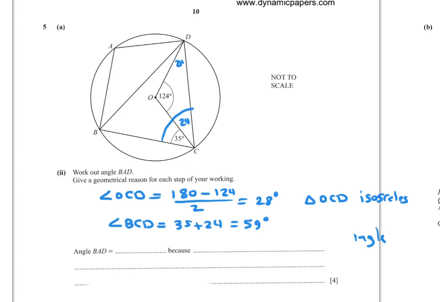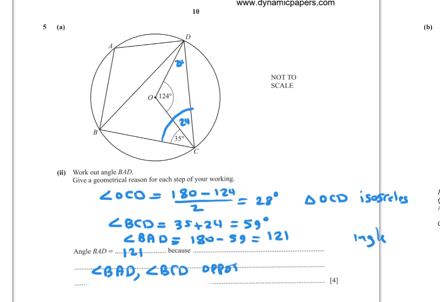Angle BAD equals 180 minus 59 equals 121. So angle BAD is 121 because angle BAD and angle BCD are opposite angles in a cyclic quad.